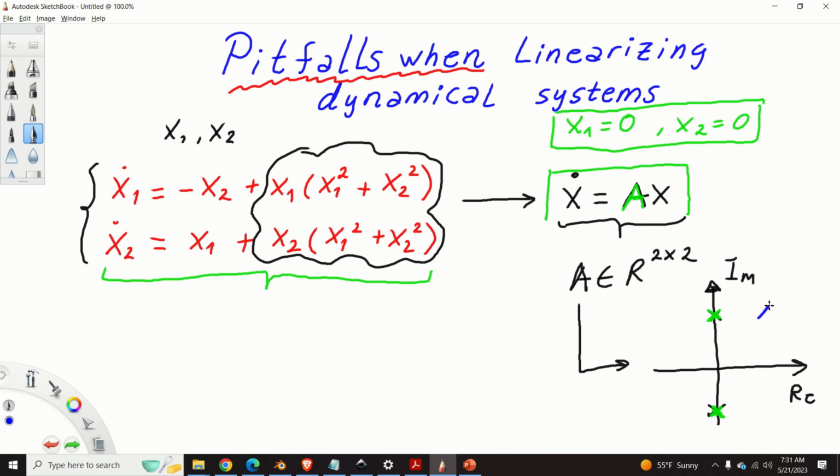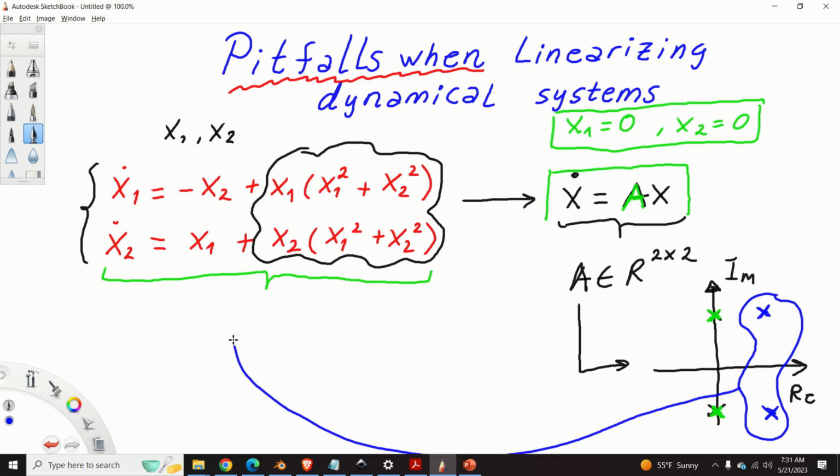Similarly, if the eigenvalues of the matrix A are over here, that is, if the equilibrium point of the linearized system is unstable, then you can say, because this is the location of the eigenvalues of the matrix A, I can conclude that the equilibrium point of the nonlinear system is also unstable.